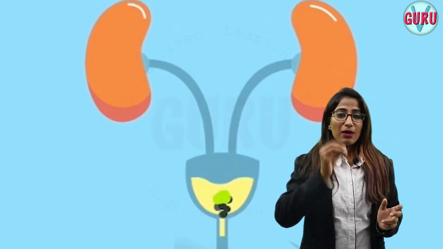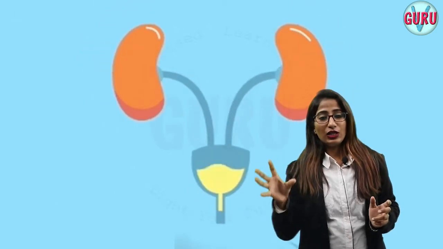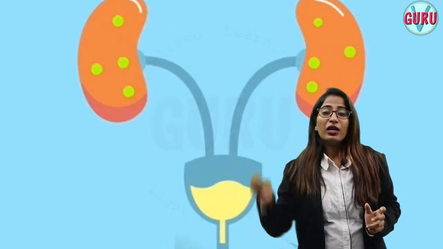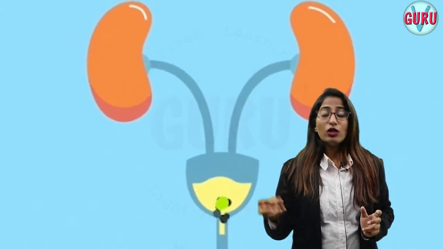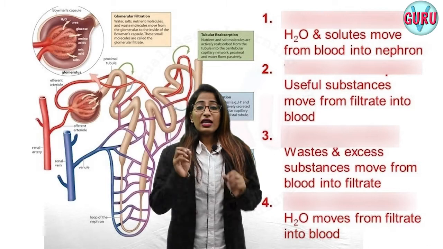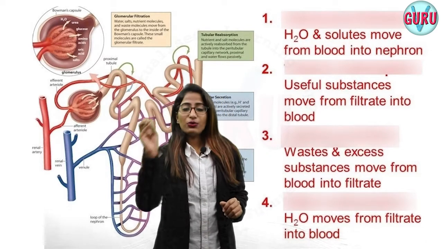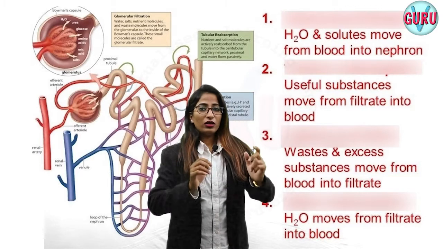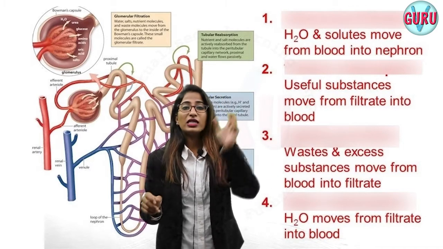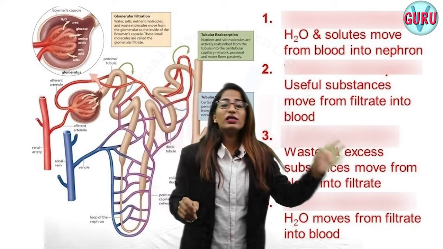Now, this primary urine passes into the renal tube. In the renal tube, there is the tubular reabsorption. This primary urine has the waste products plus water plus some useful substances.